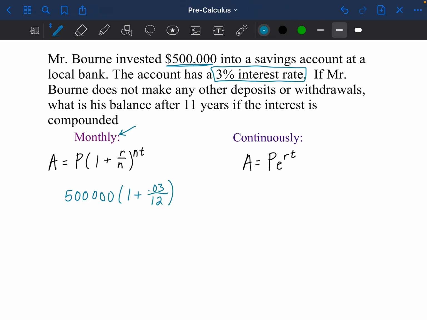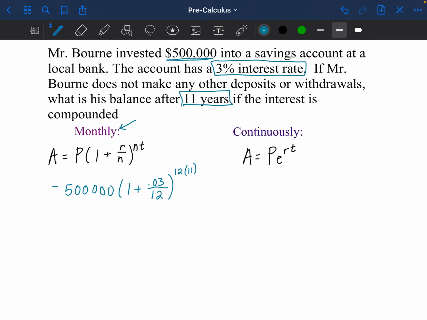Lastly, we need to know how long in time it's going to be. So 11 years before he looks at his account again or does anything to it. So compounding 12 times a year for 11 years. And that's going to give us our account total. When you plug this in your calculator, you're careful about making sure that both of these are being multiplied in as an exponent. Plug it in.